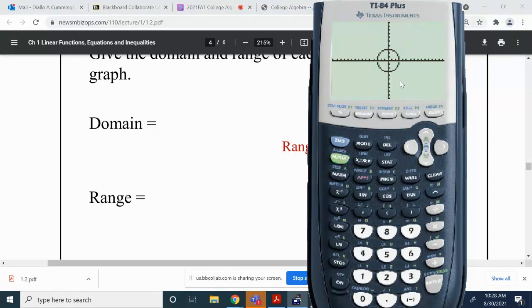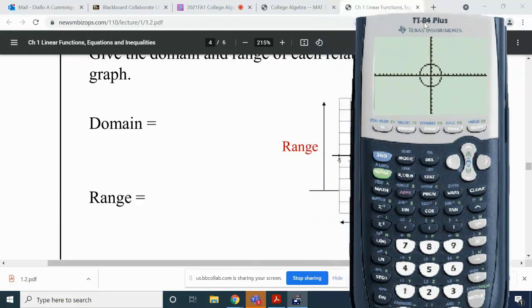But that is in fact the equation of a circle. So if you were to apply a vertical line test, it would fail. So that equation x squared plus y squared equals 9 is not a function.